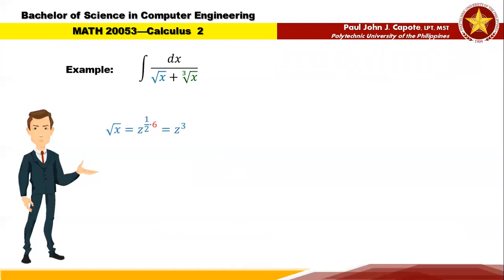Given this information, we substitute 6z raised to the power of 5 dz for dx, and square root of x is replaced by z raised to 3, and cube root of x is replaced by z raised to 2.